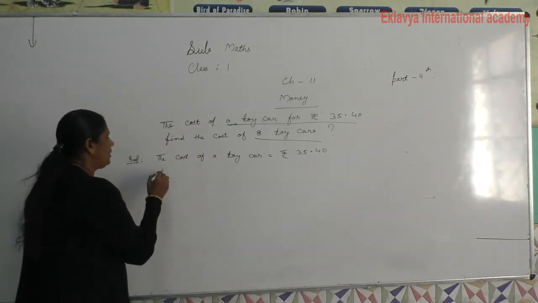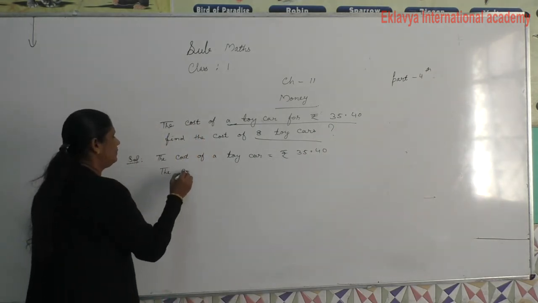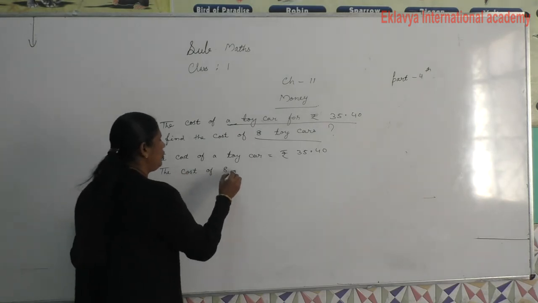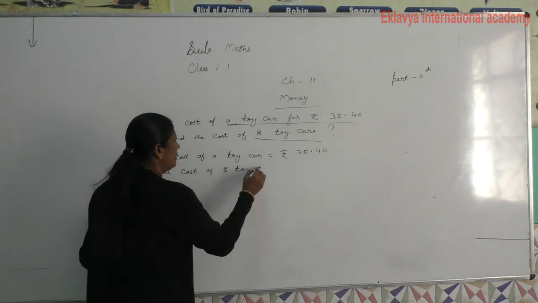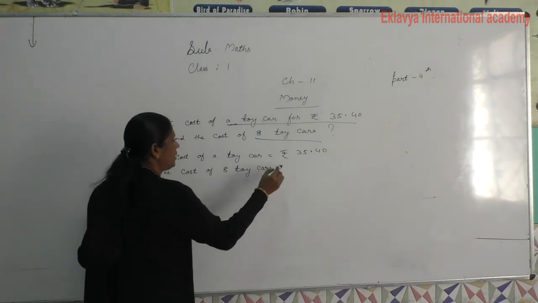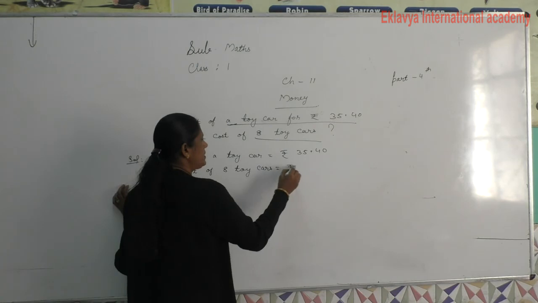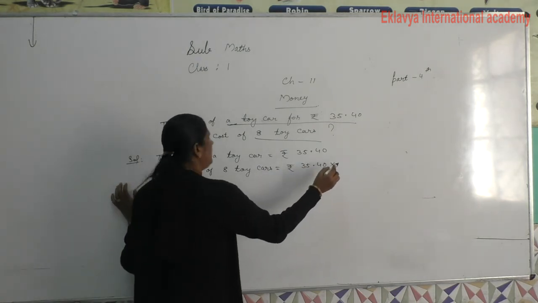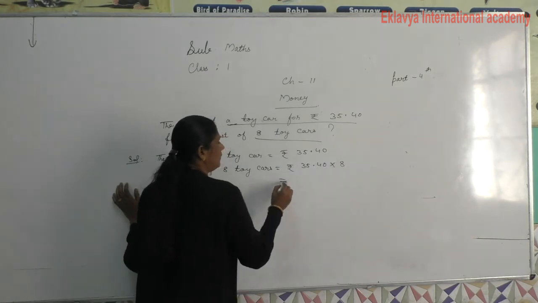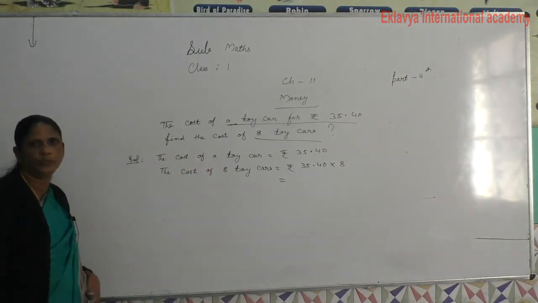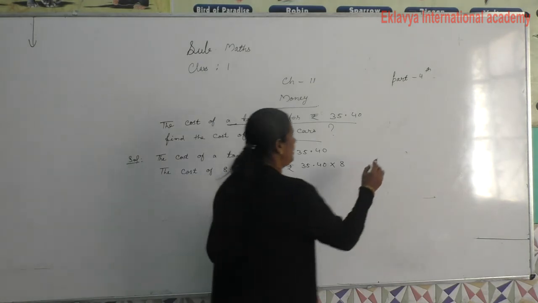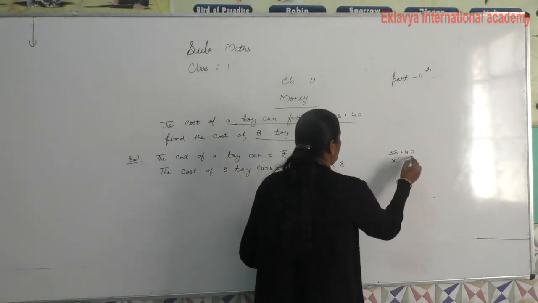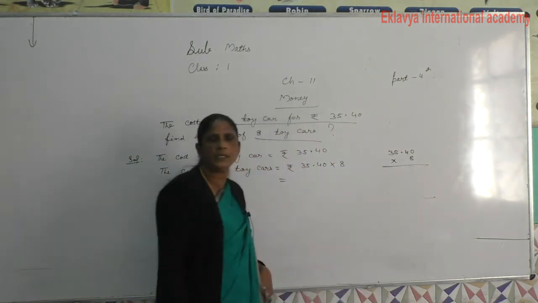Next, the cost of 8 toy cars is equal to rupees 35.40 multiply 8. You multiply in the simple way.